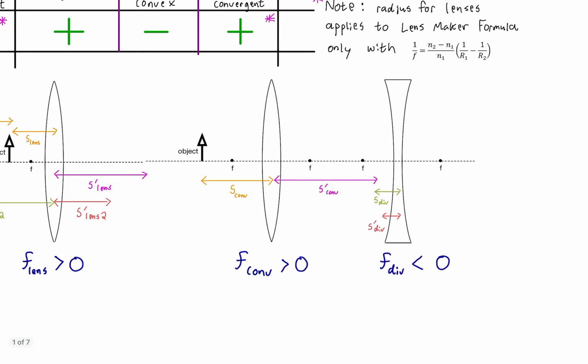And here's another case. In this case, we have a converging lens with a focal length greater than 0, and a diverging lens with a focal length less than 0. We have image formation from the converging lens over here, so S prime conv for the image created by the converging lens. That's going to act as the object for the diverging lens. So the object distance to the diverging lens is just where that image was formed, that real inverted image.